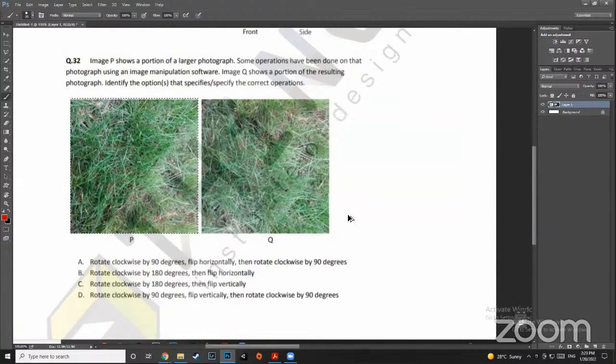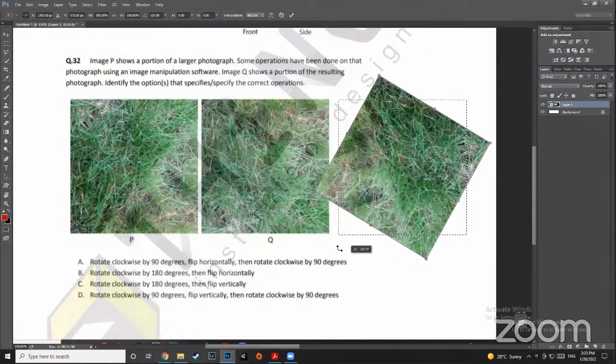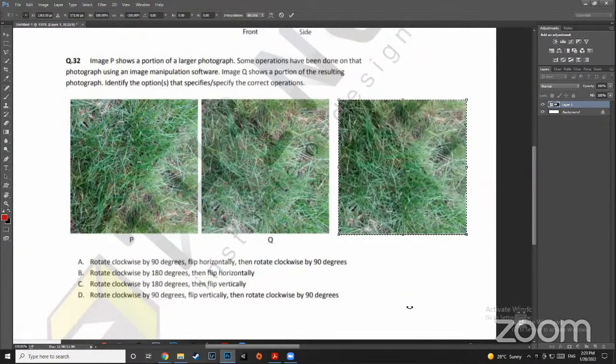Now, similarly, let us again check option B. Rotated 180 degrees. So with 180 degrees, you don't need to specify clockwise or anti-clockwise because it is just 180 degrees, and then flip horizontally, right? If we flip it, the watermark might be a little disturbing, but we can still see that it has been rotated properly, isn't it?